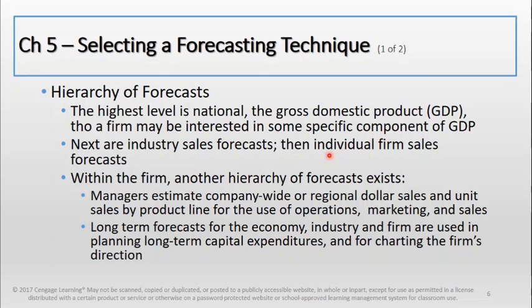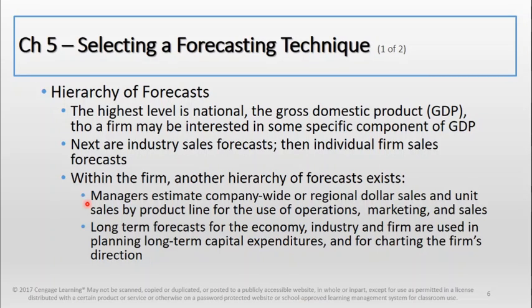So within the firm, there is another hierarchy of forecasts that exists. Managers often estimate company-wide or regional dollar sales and unit sales by product line for use of operations.